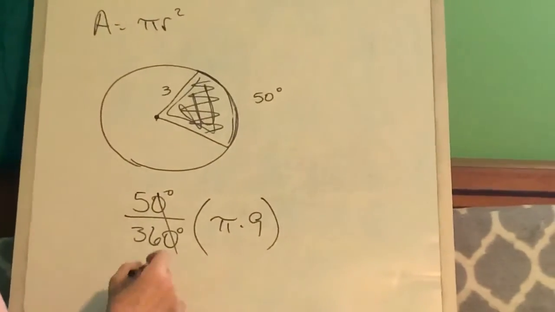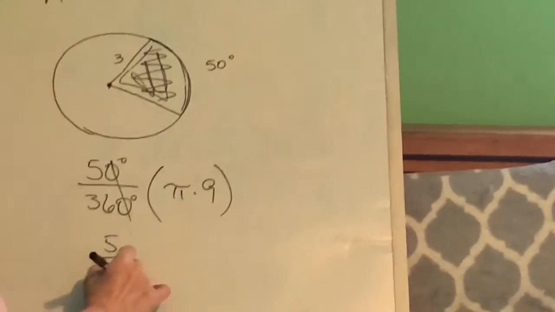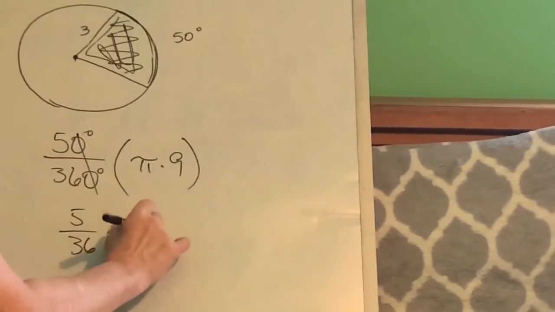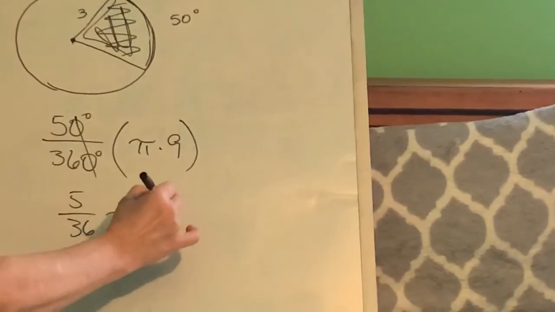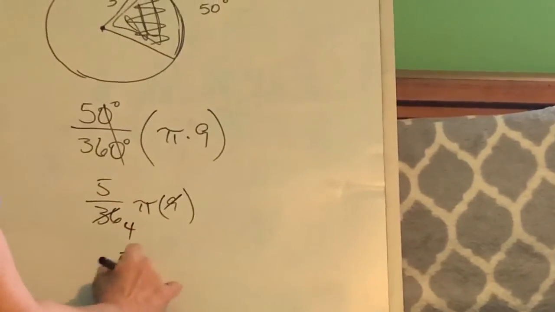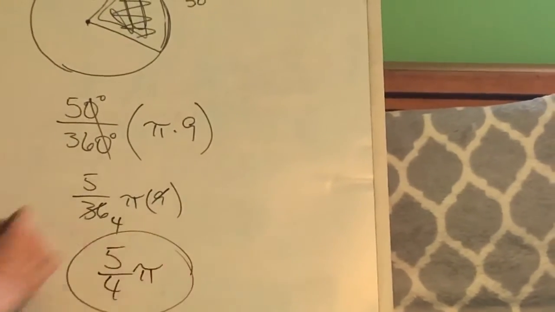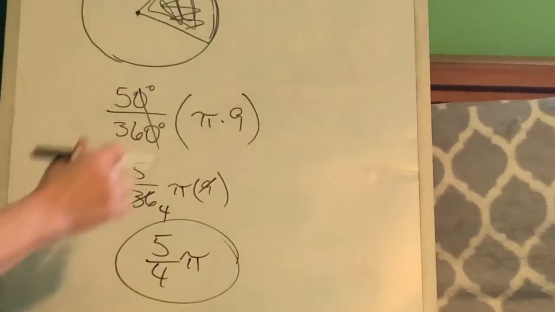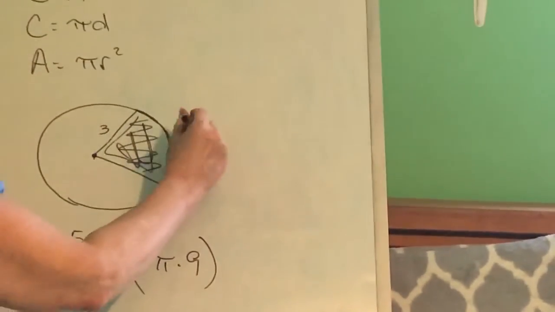Okay, I don't think that's going to reduce for me. 5/36 times pi times 9, and 3 goes, oh, actually 9 goes into the whole thing, so we're going to have 5/4 pi here.